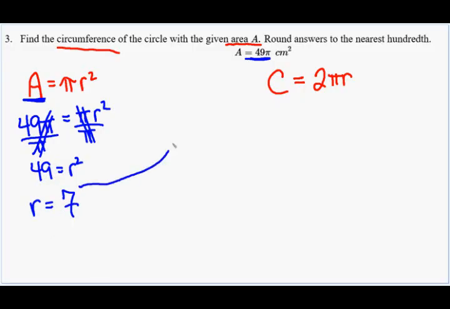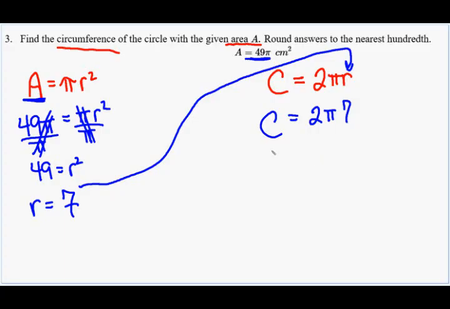That 7 is going to go right here. Circumference equals 2 times pi times 7. That is 14 pi. And 14 times pi is approximately 43.98. Our units here are centimeters.